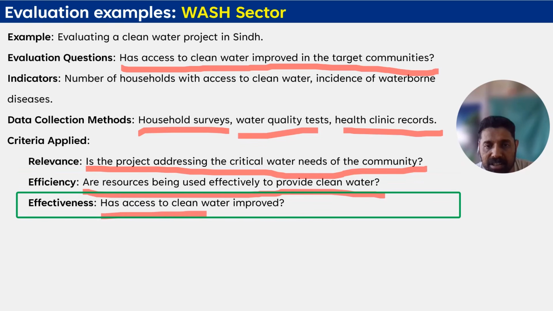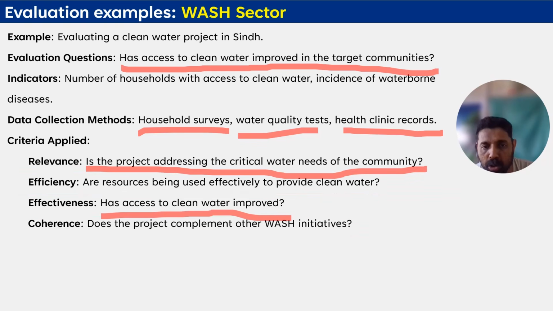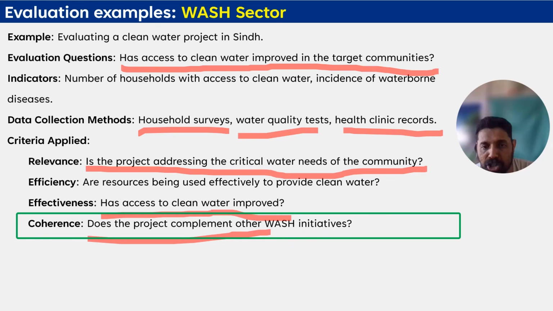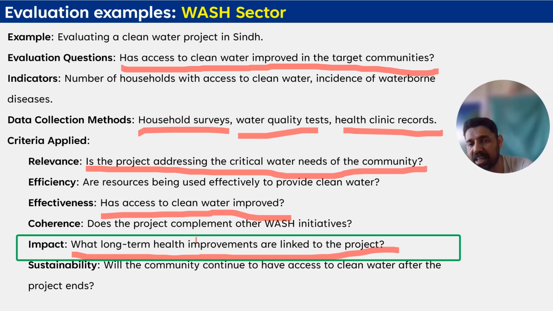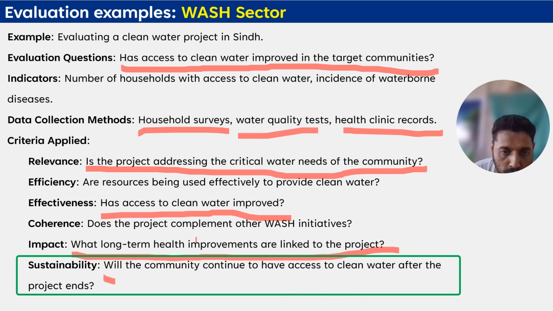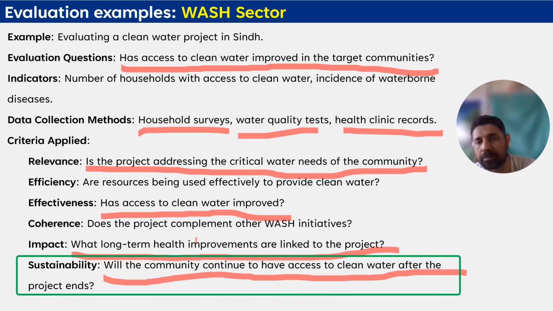Effectiveness: has access to clean water improved? Coherence: does the project intervention complement other WASH initiatives in that area, of other NGOs or government initiatives? Similarly, impact: what long-term health improvements are linked to the project? And for sustainability, will the community continue to have access to clean water after the project ends?